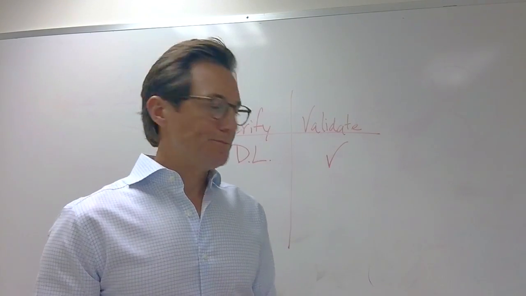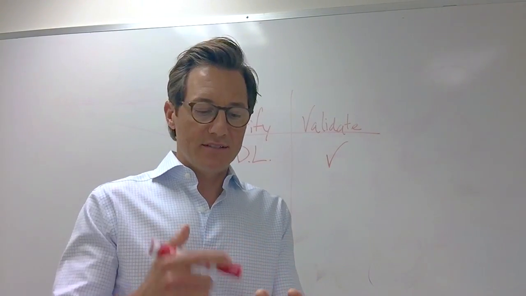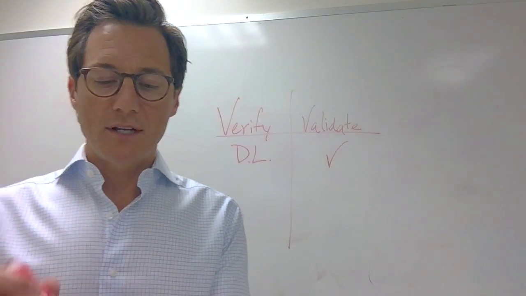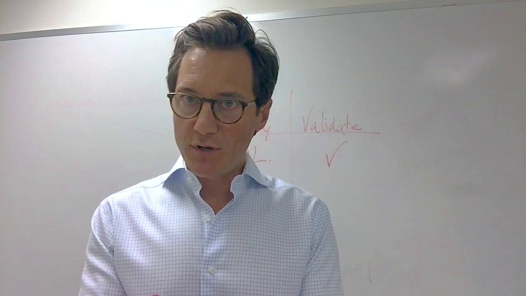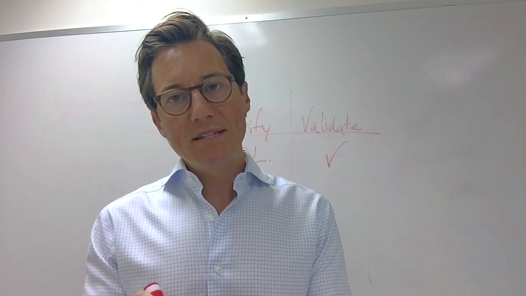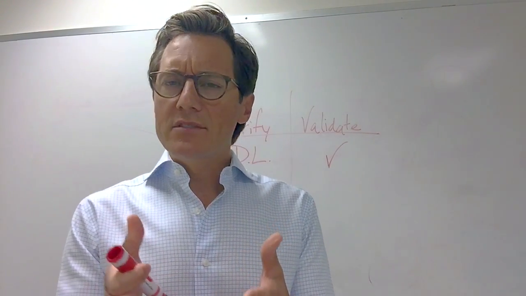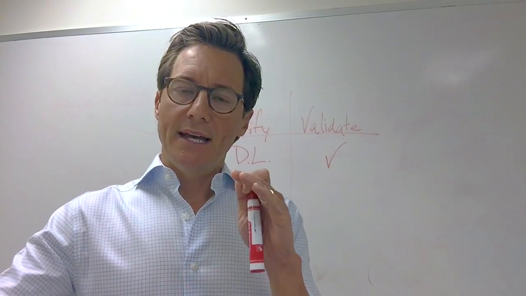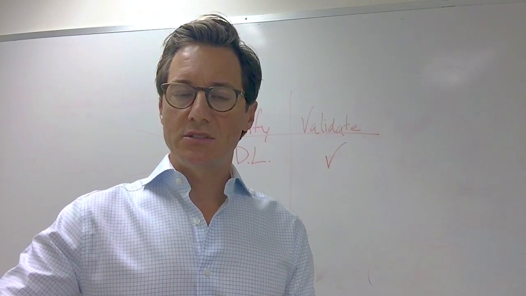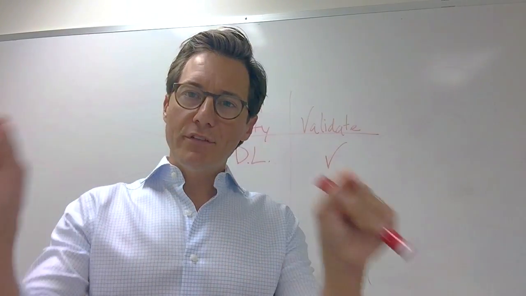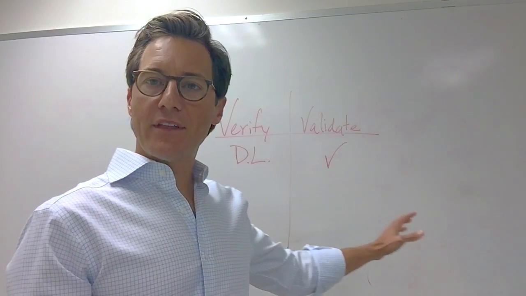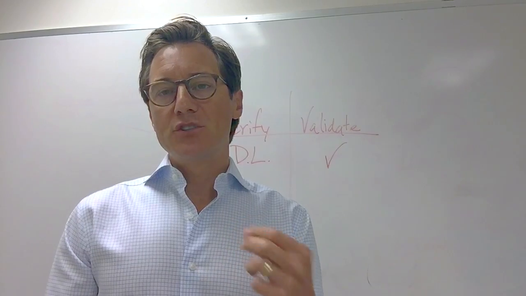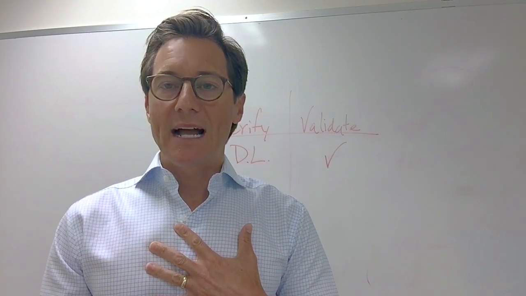So, for example, if I am a business and I'm located in a certain geography, I talk about this over and over again, a certain geography, and I'm using certain products and services, and I'm in a certain business type that makes you say, hey, this is a little bit concerning to us, well then that's something that you might want to go ahead and, if I give you ownership information, you want to verify other things and validate other things outside of the beneficial ownership information that I gave you.